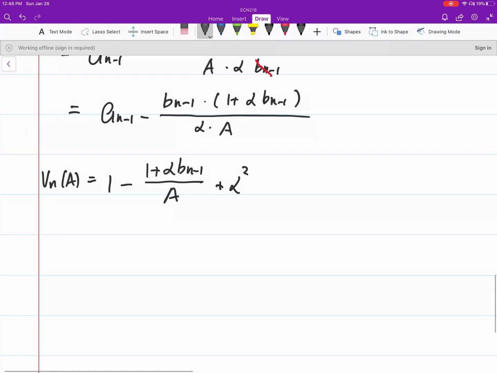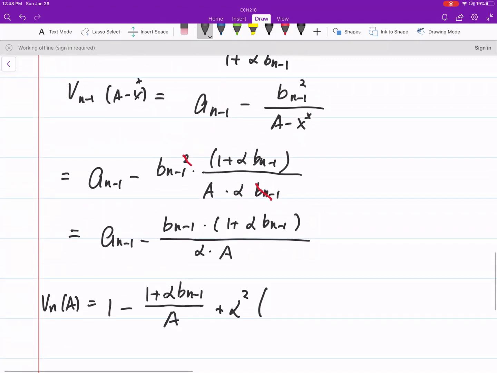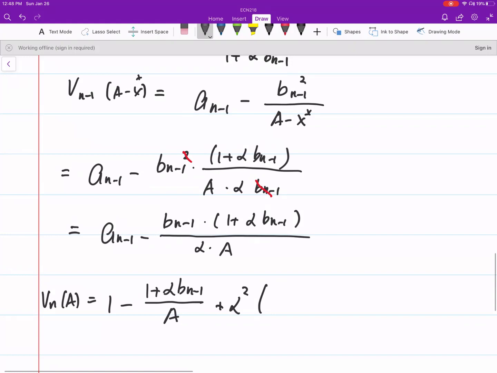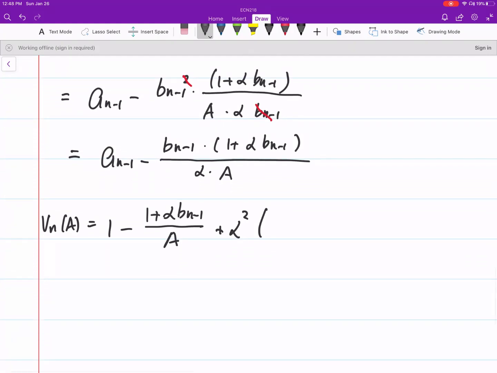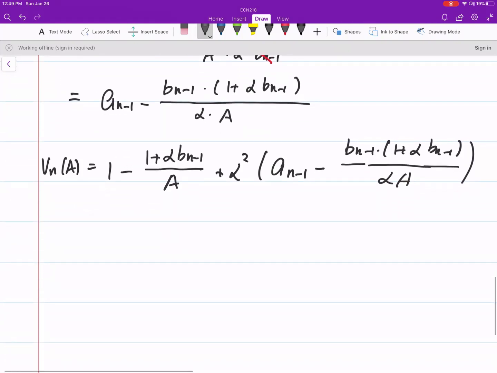Okay, and then we have over here this v_n of v_{n-1}. So we're going to have over here a_{n-1} and minus b_{n-1}, 1 plus alpha b_{n-1}. Yeah, that's okay. This is the multiplication, and divided by alpha A.